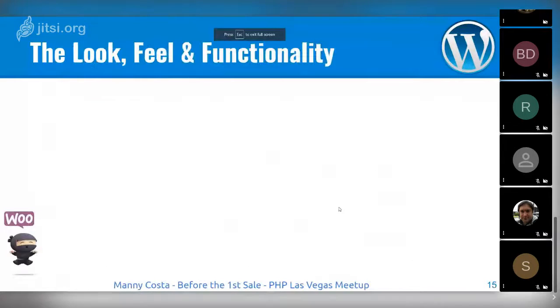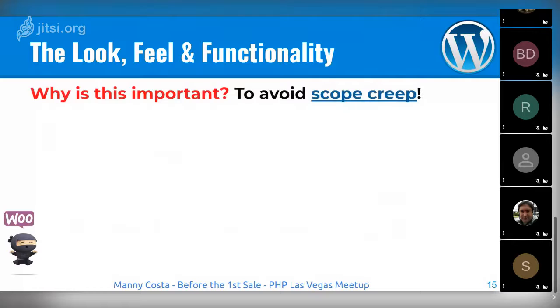Then I jump into the look and feel and functionality, and this is more like our arena, right? Where we jump into this, and it's important to avoid scope creep. And scope creep is not entirely a bad thing, I believe, especially if they are paying you by the hour and are okay with change, I don't mind.